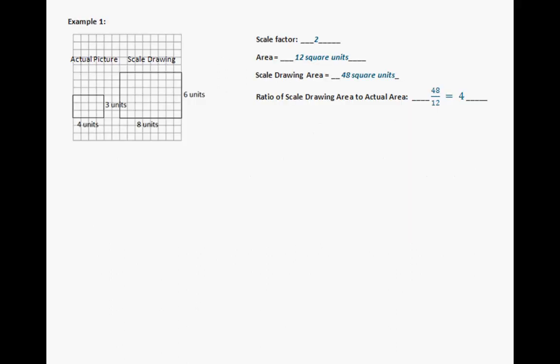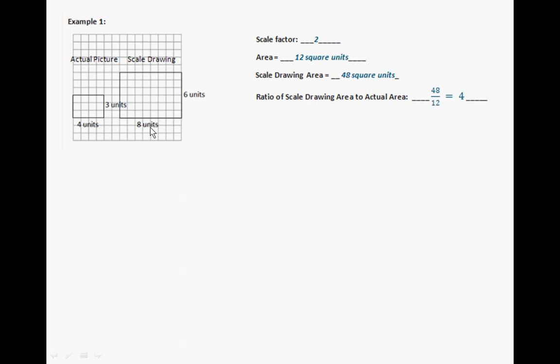So let's take a look at example 1. Based on comparing the sides, let's say we compare 4 units to 8 units. If this is the actual, notice that it is smaller than the scale drawing, which means this is a magnification and our scale factor is going to be greater than 1.